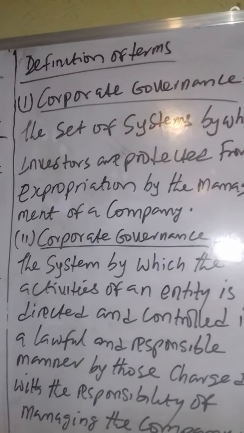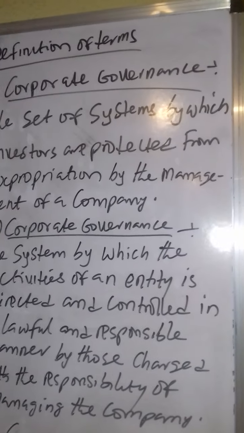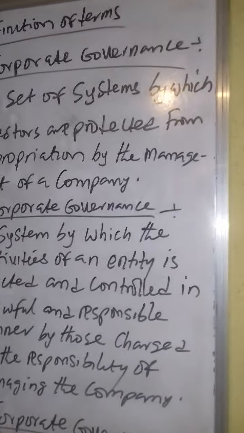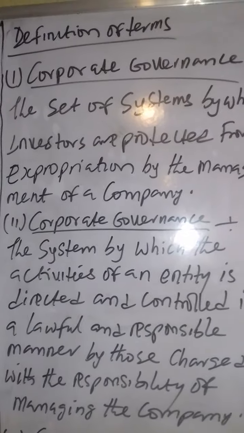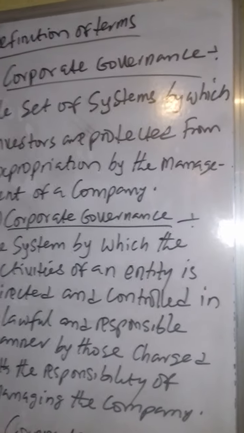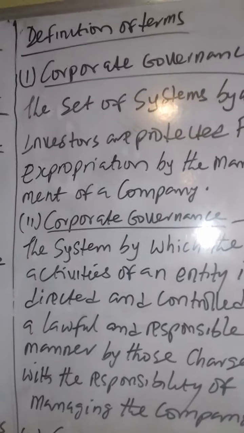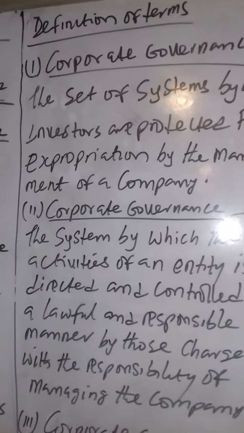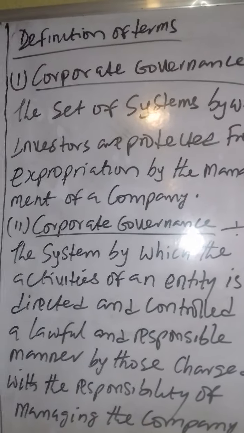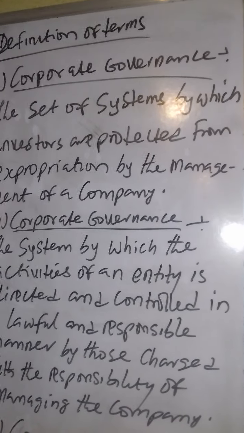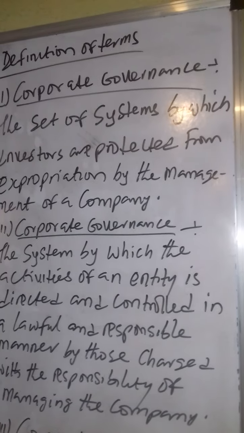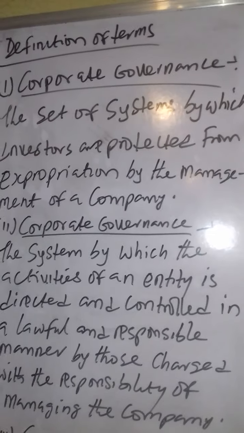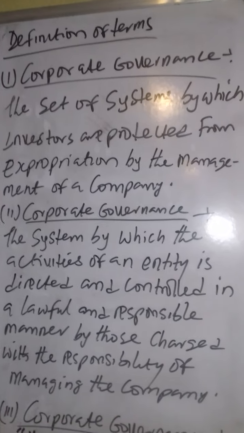The word expropriation means stealing from someone that actually gives you authority to help you manage your property. Expropriation has about 6 definitions if you pick the dictionary. The government can also expropriate from a company where they put in wrong taxation. But that's not where we're going. We're looking at why we have corporate governance.